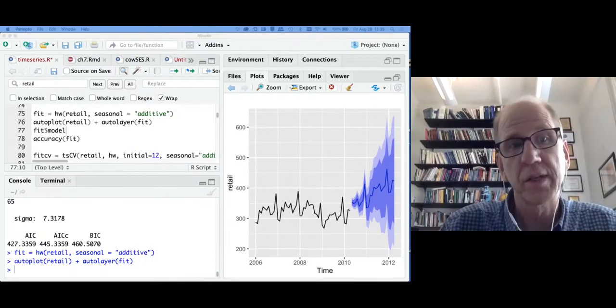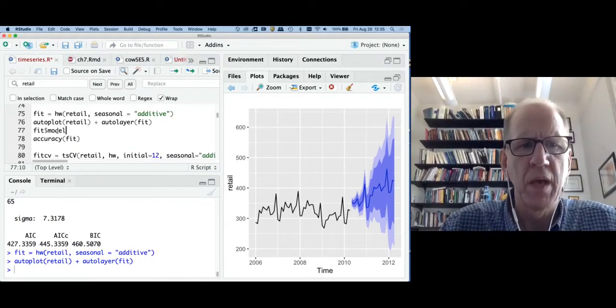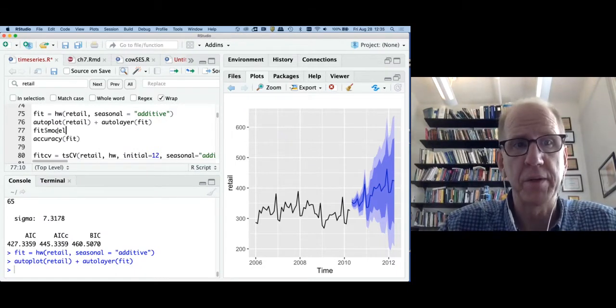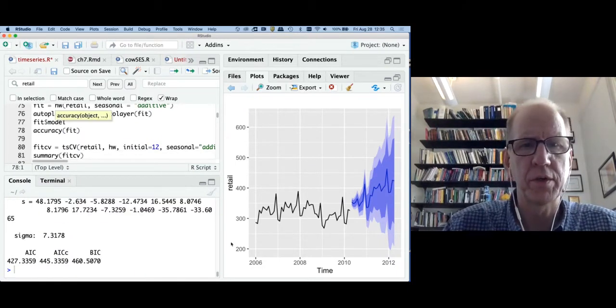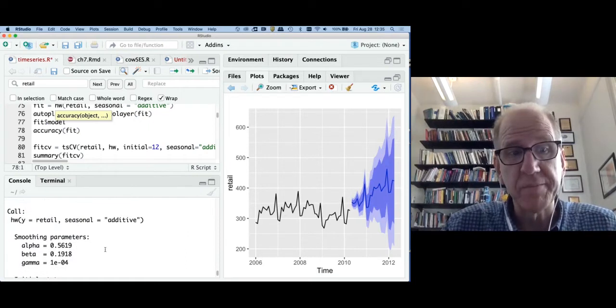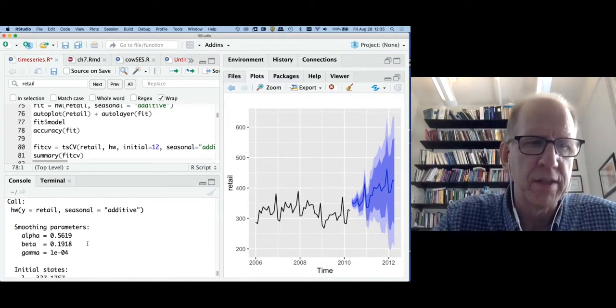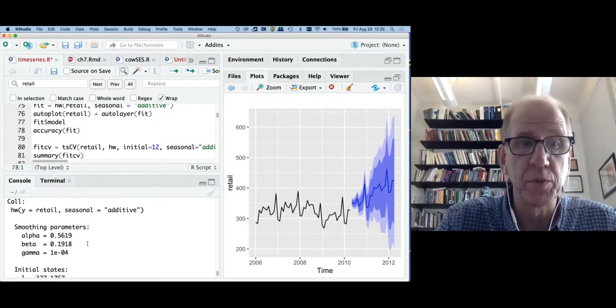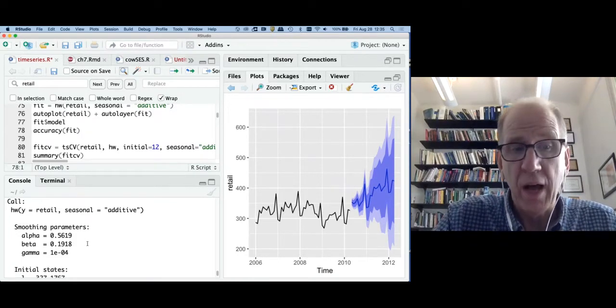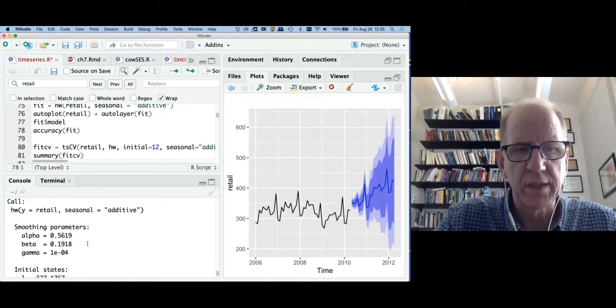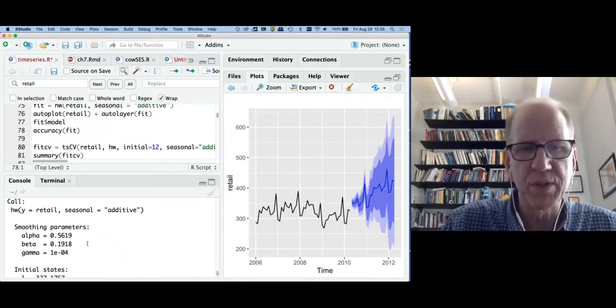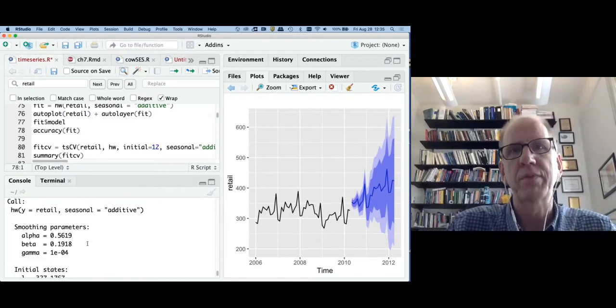Let's now take a look at the model estimates themselves. You can see those in the fit$model component of the returned list. What we see is that HW has used cross-validation to estimate the three smoothing parameters. So alpha is 0.56, and what that says is that we're going to give 56% of the weight to the current observation.